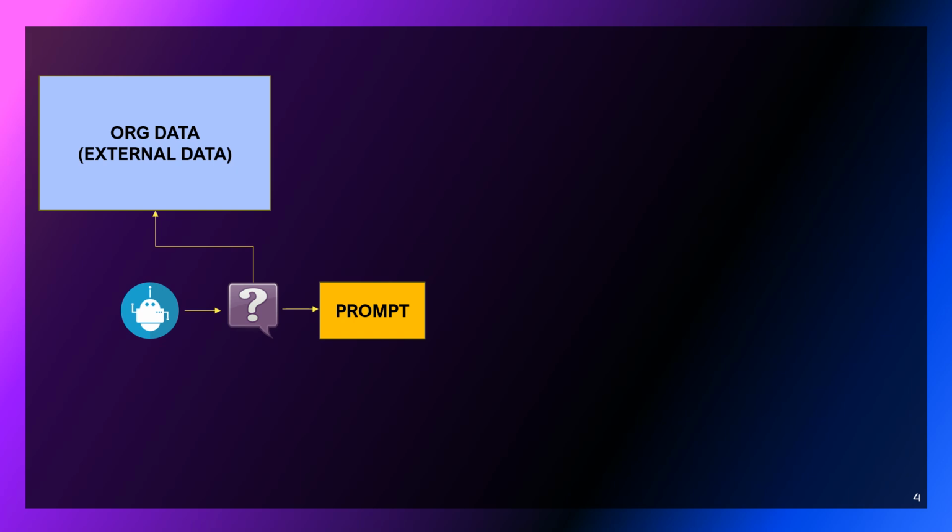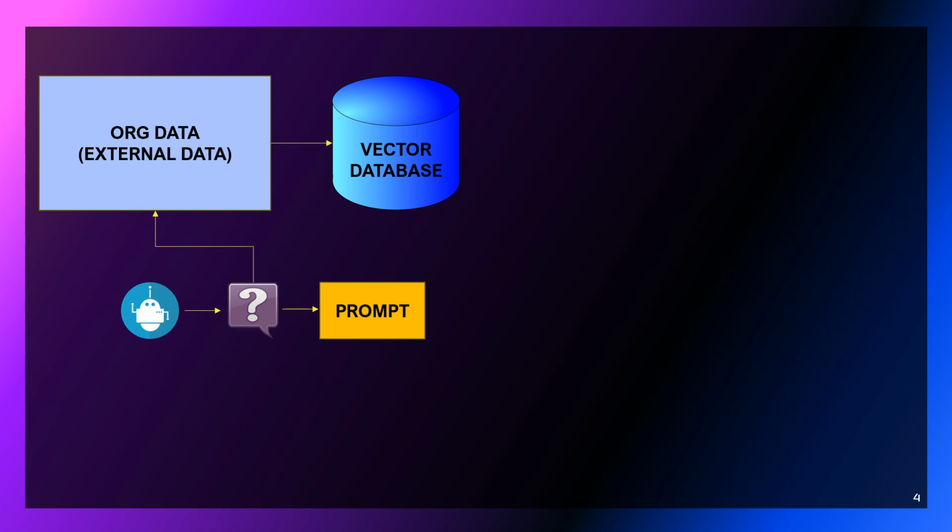For this, we put this data in a database called a vector database. A vector database is a mathematical representation of structured and unstructured data, similar to what we see in an array. These arrays are better suited, and easier to understand, for machine learning or generative AI models.